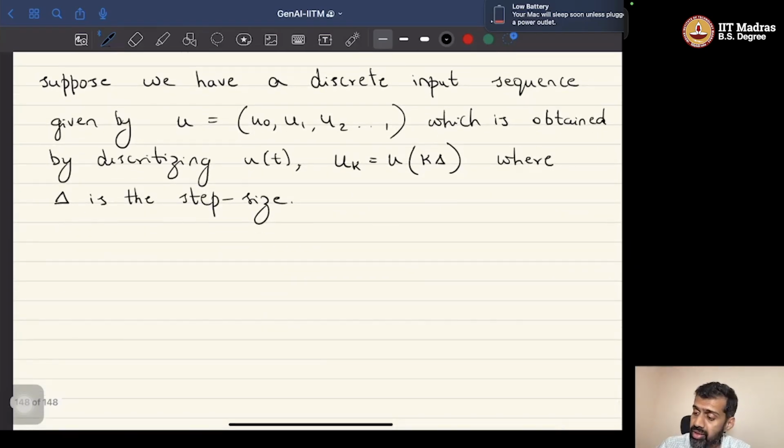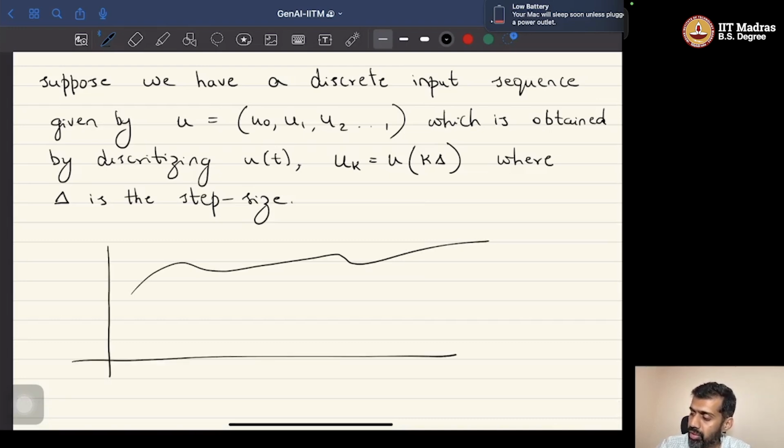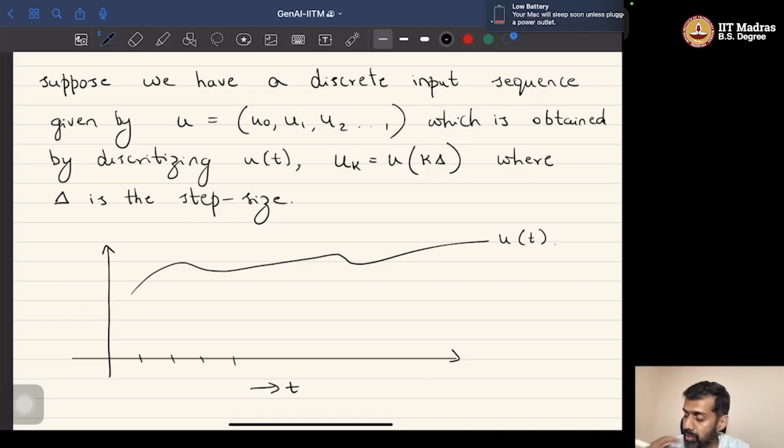What is meant by this is that suppose we have a continuous time signal this way, and this is t, let's say this is u of t. To discretize this, what one would do is consider samples of the signal at discrete time steps, and the difference between these two time steps is what is called the step size or delta. So this is k equal to 1, k equal to 2, and so on.